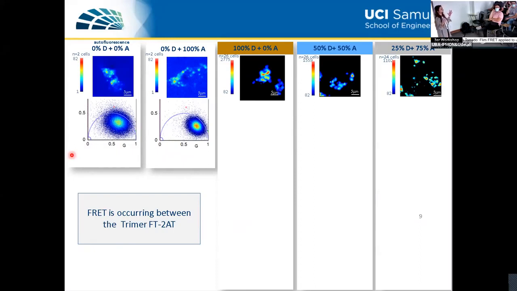There is a low number of photons, which is why the phasor cloud is very broad there. The maximum number of photons per pixel in these conditions is 82, so it's low. Then we have conditions where we put 100% donor and 0% acceptor, then we increased to 50-50, and then we did 25% donor and 75% acceptor. So we had all these conditions.